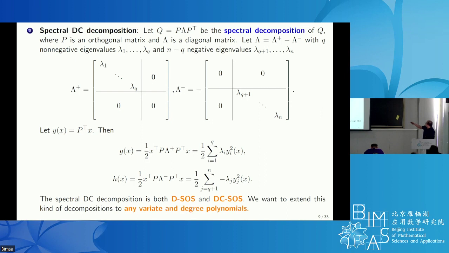So we can find an orthogonal matrix P and the diagonal matrix lambda, with all positive eigenvalues in lambda plus and negative eigenvalues in lambda minus. So the part g and the part h can be defined like this. They are both sum square. So you see it's a difference of sum squares, because g minus h provides any quadratic form.